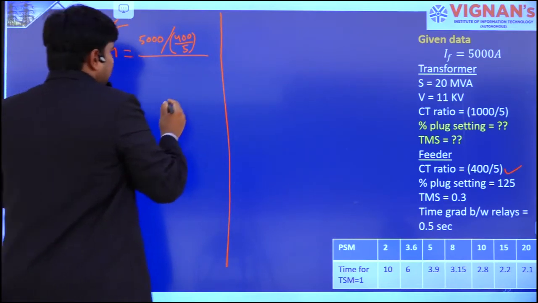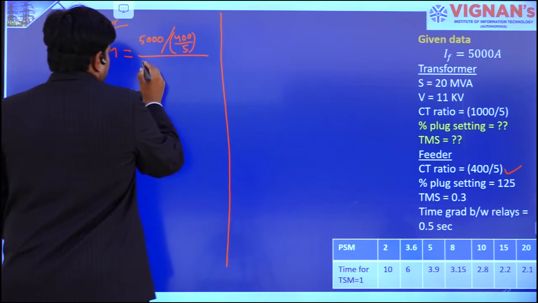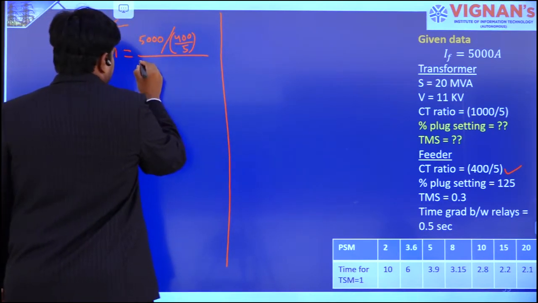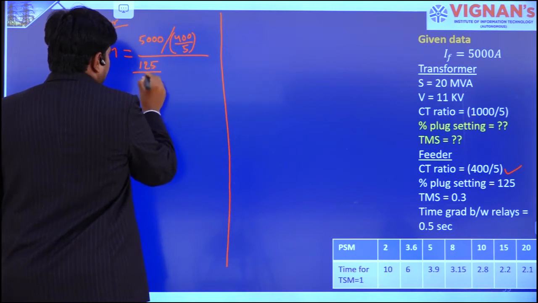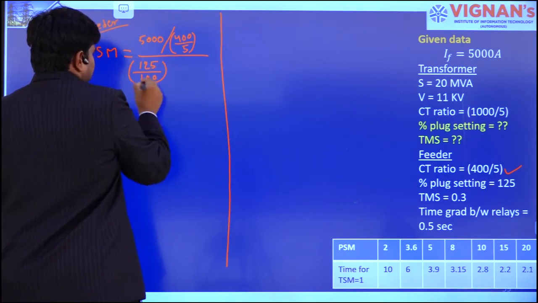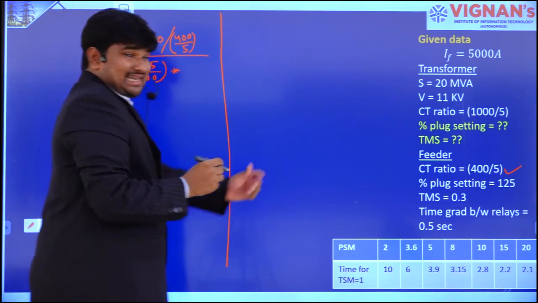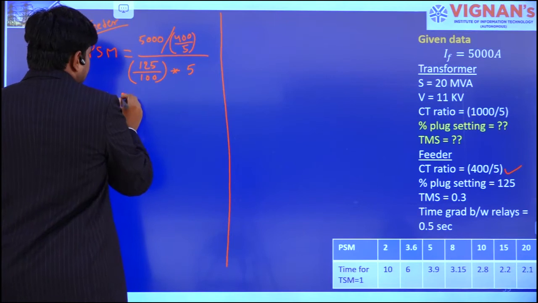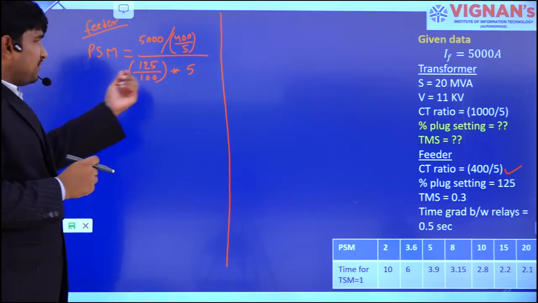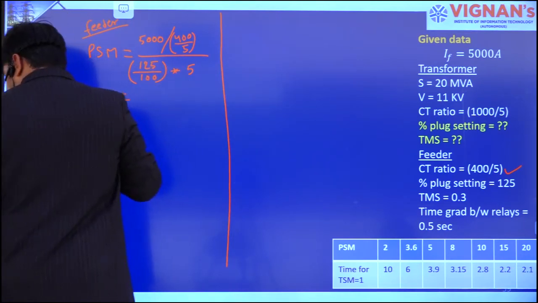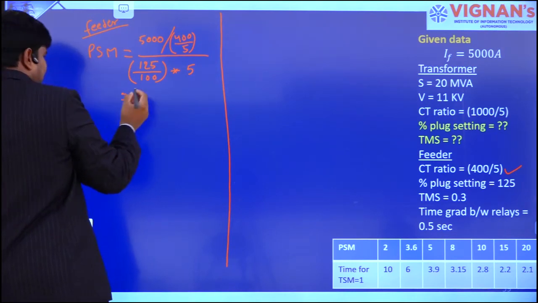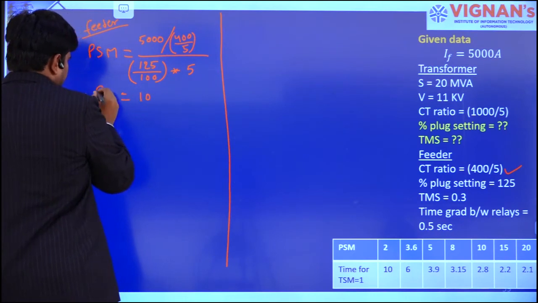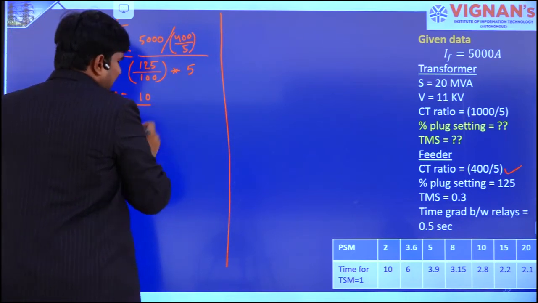In the denominator, I have to find the pickup current, that is the percentage of plug setting 125 divided by 100 into the secondary current of CT, that is 5. By calculating these, I will get 10 PSM.